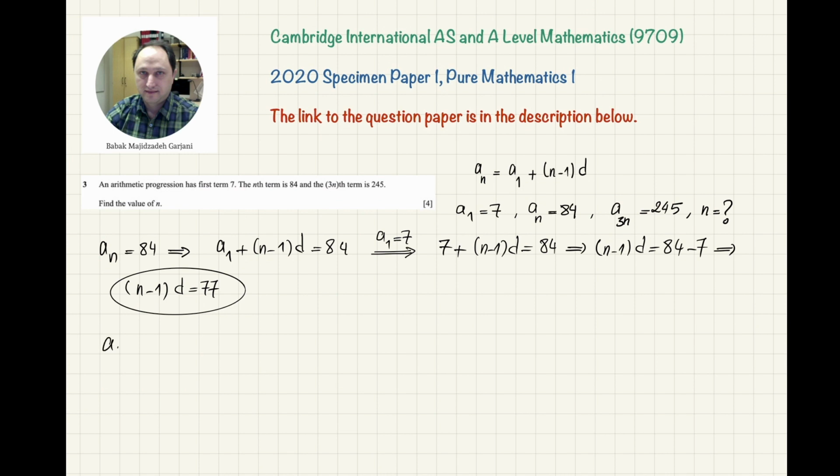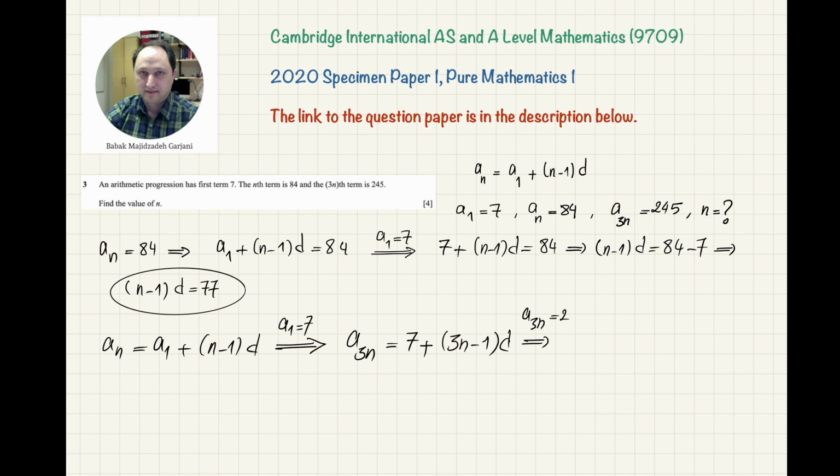So an is equal to a1 plus n minus 1 d. This implies that, because again a1 is 7, a3n is equal to 7 plus, instead of this n, I replace n by 3n. Then it becomes plus 3n minus 1 times d. But of course, a3n is also given to you.